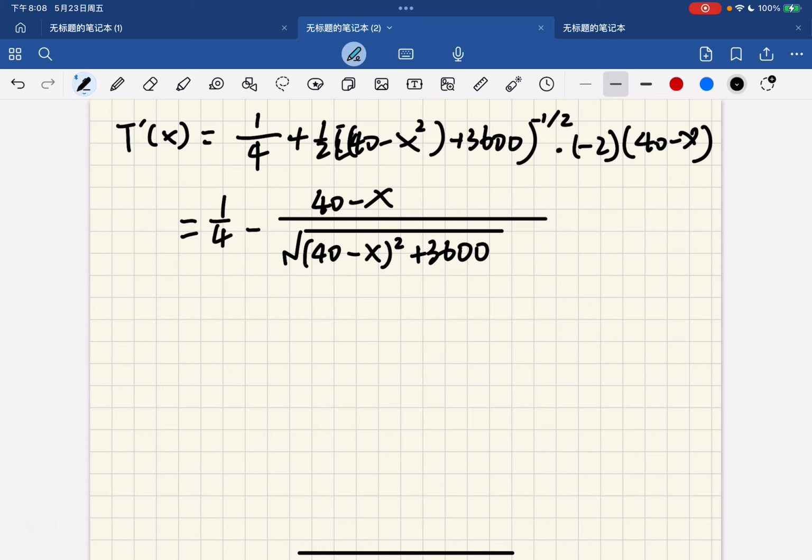To find a critical point, we need to let the first derivative equal to 0, which is let this part equal to 0, and we can move the 1/4 to the right part.